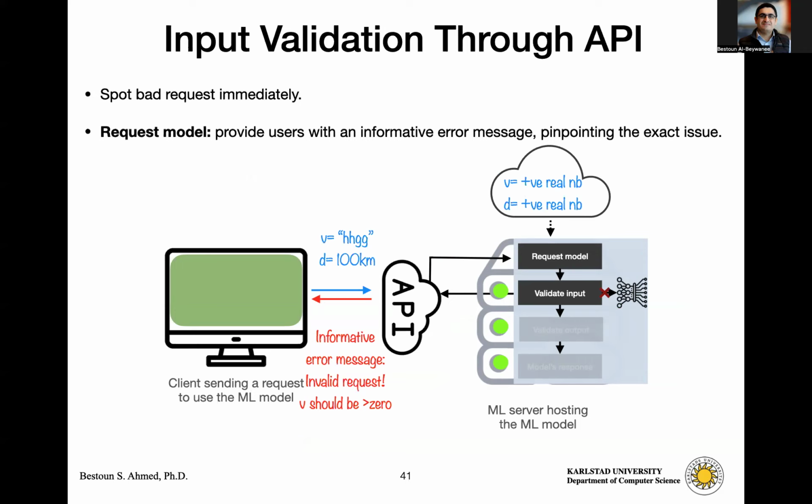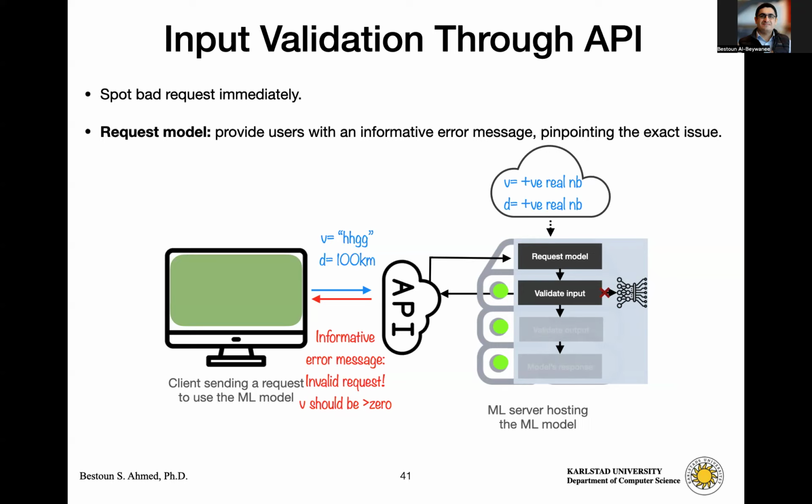For example, if the API is expecting the velocity and distance to be numbers, integers, and you enter some letters, before sending this input data to the API, there should be some verification.